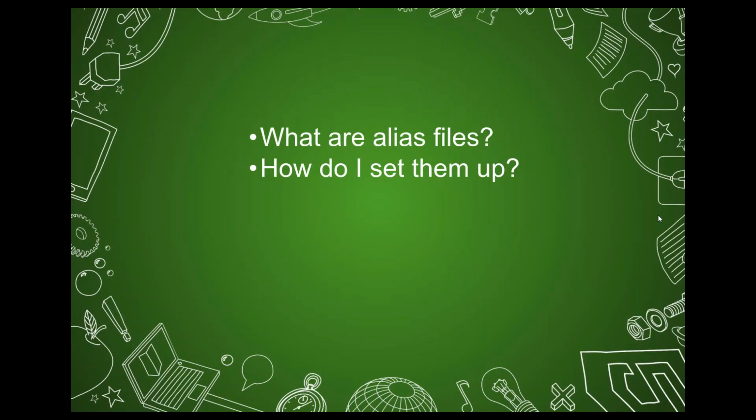So a little bit about what alias files are. Alias files are basically creating a shortcut back to an original file that is living somewhere else. Today I'm going to show you two different ways to utilize alias files. We're going to do one, which is probably our typical recommendation for how you would use it, and it's going to be linking to a server.